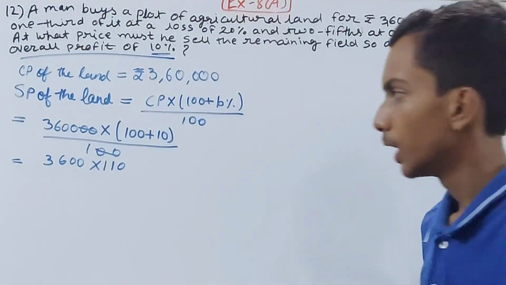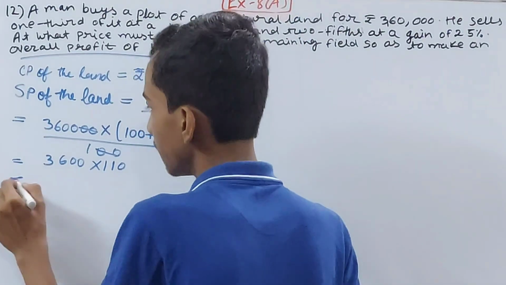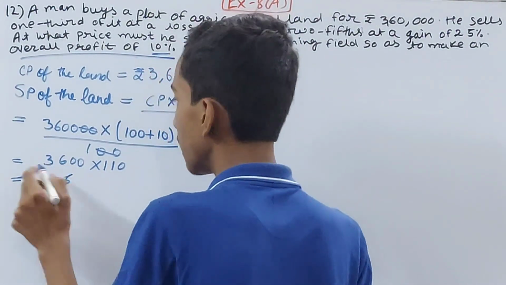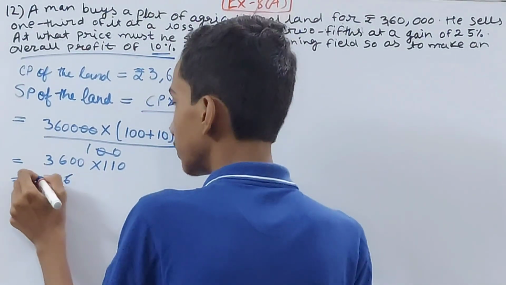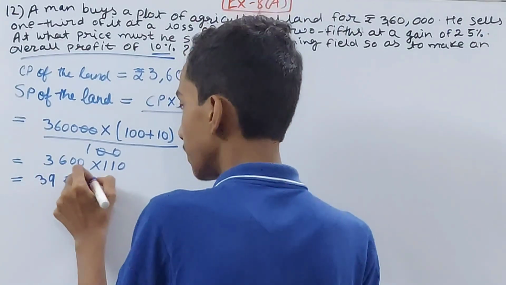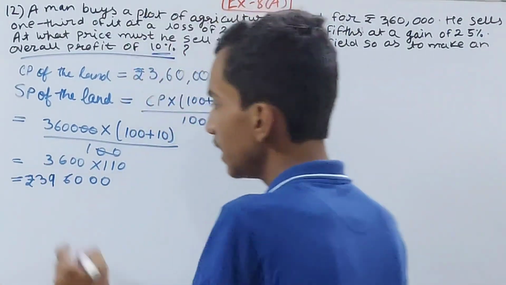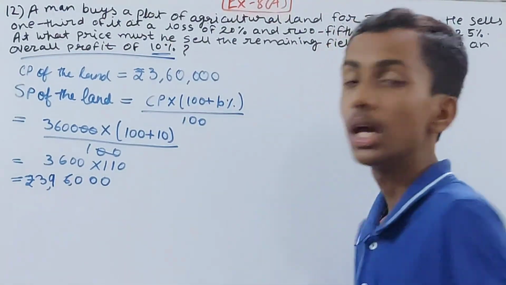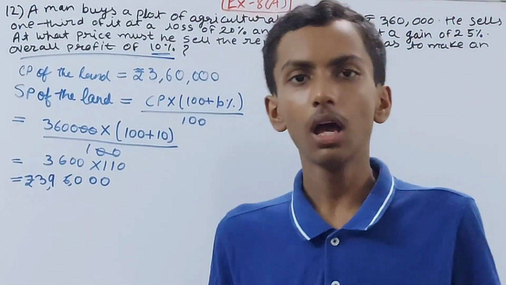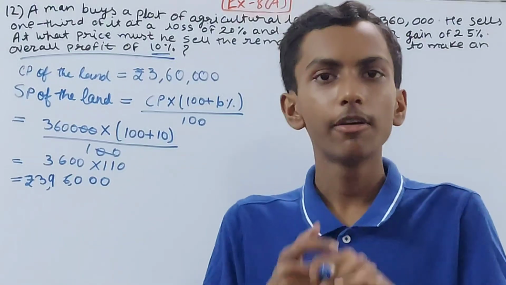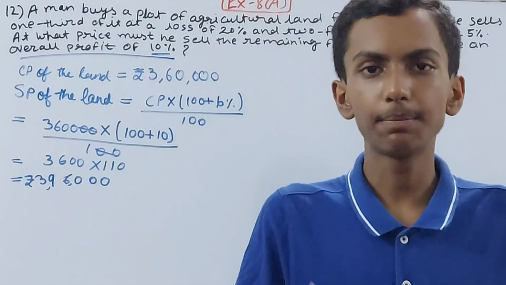That's what it will be. So now you can multiply and solve. 11 6 are 66, 6 carried over, 11 3 is 33, and 6, so 39 6 and 3 zeros. So rupees 3,96,000 is the selling price of the whole agricultural land, when he is making the profit of 10%.